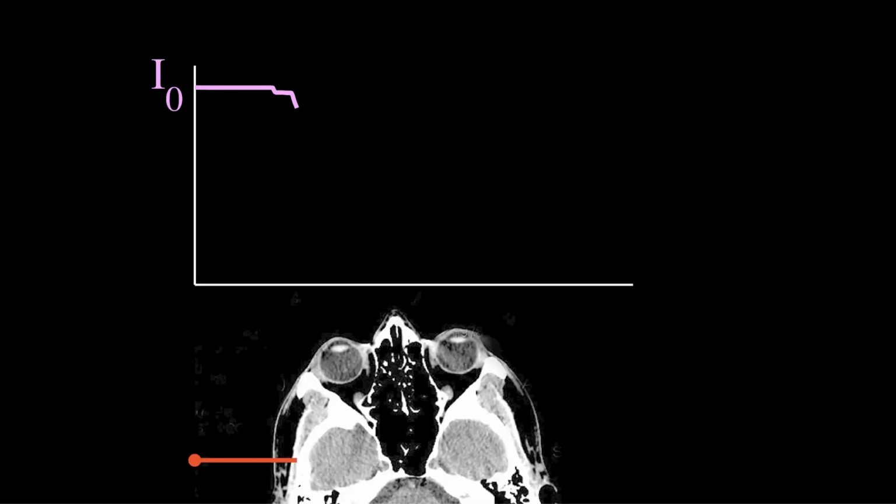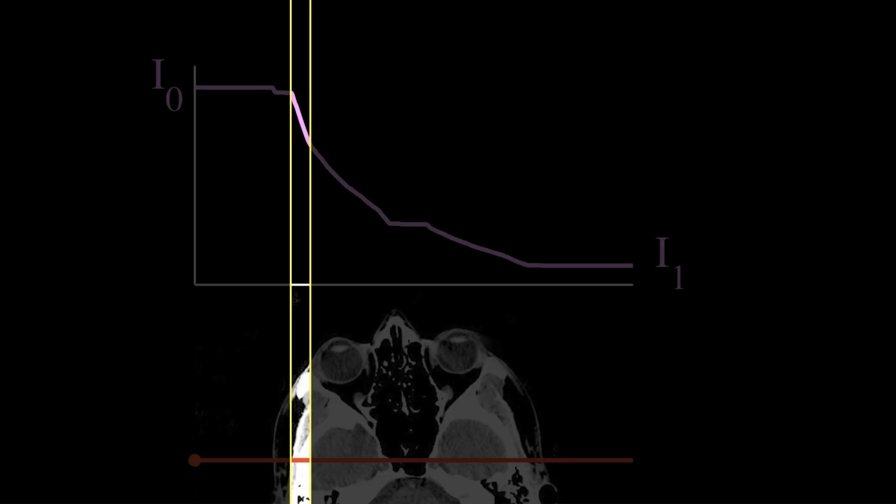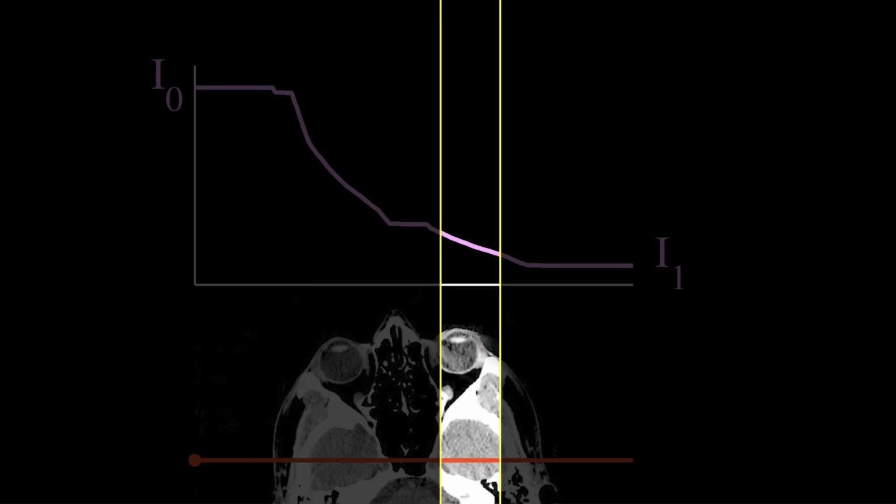X-ray intensity again decays exponentially, but the parameter mu is changing depending on the tissue where the ray travels. Bone attenuates radiation strongly and has a large mu. Soft tissue, such as the brain, is easier for X-rays to travel and has a smaller mu.